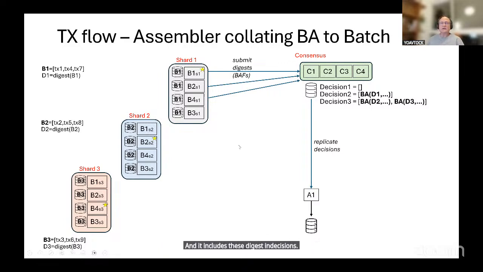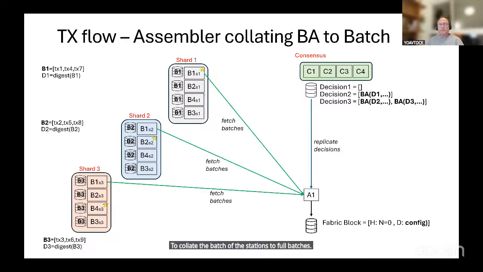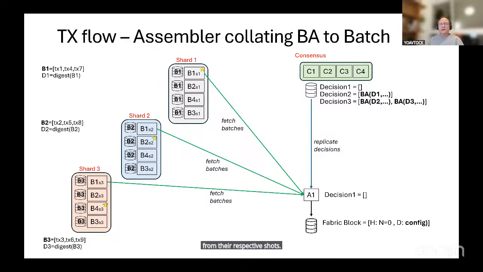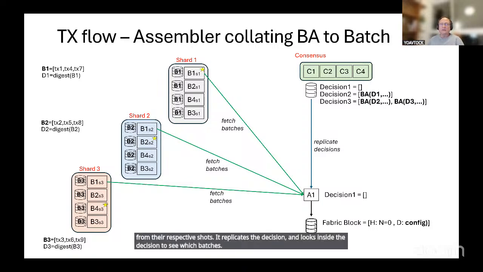The next stage is for the assembler to collate the batch attestations into full batches. What it does is, according to each batch attestation, it needs to fetch batches from the respective shards. It replicates the decision and looks inside the decision to see which batches are already in the total order.